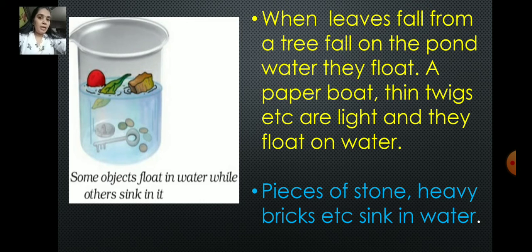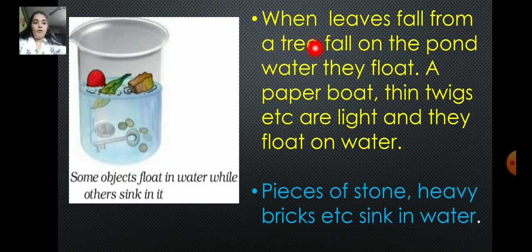So when you add sand, it sinks in the water. So now you will collect things like dried leaves, some wooden piece, or an iron key, or some pebbles, and you can just add them in this glass of water and see what happens.